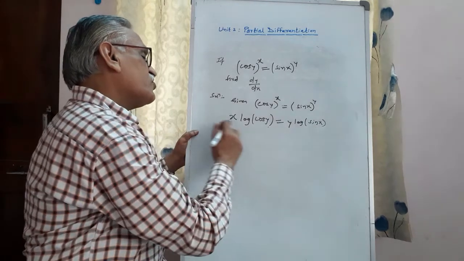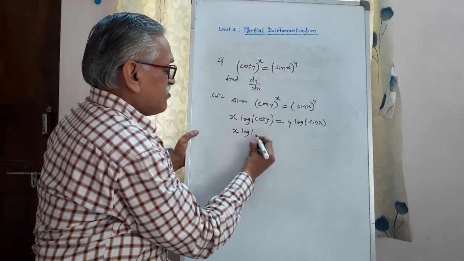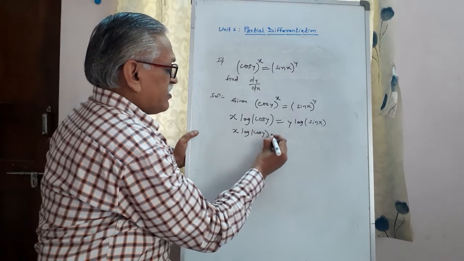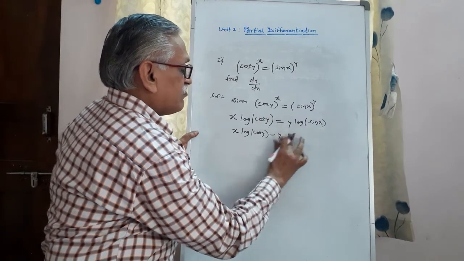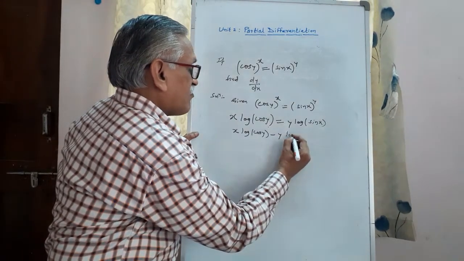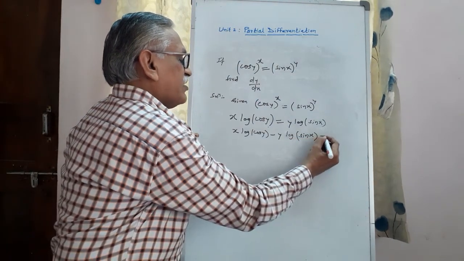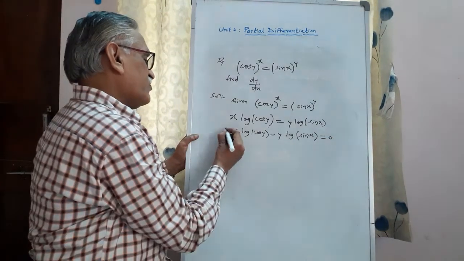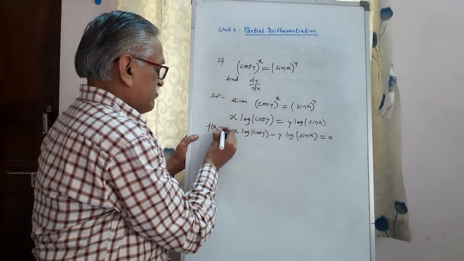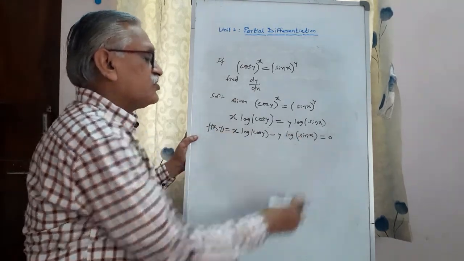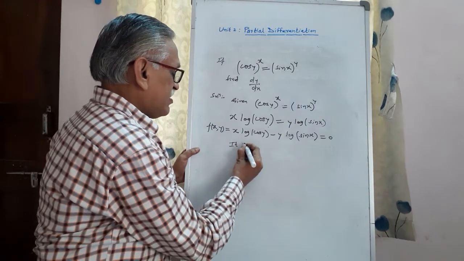Then transferring this to other side, we get x log of cos y minus y log of sin x, and that is equals to 0, and we call this as function of xy. Function of xy equals to 0. It is an implicit relation.